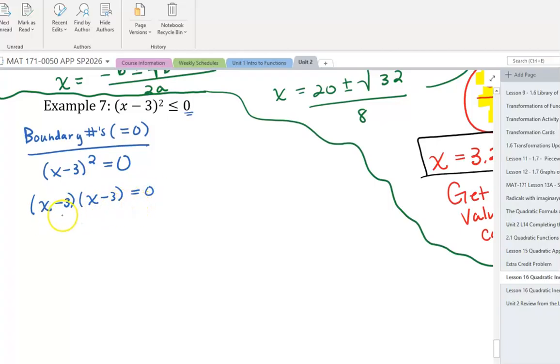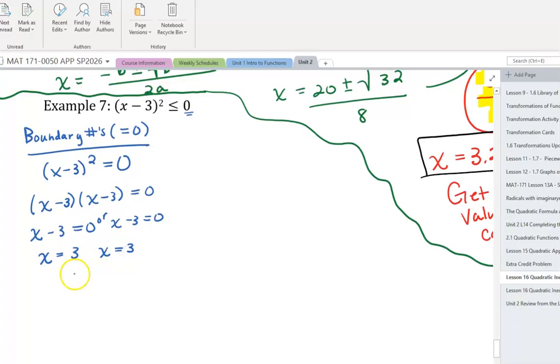And remember that zero product property. If you have two things that are multiplied together and get you 0, at least one of them has to be 0. So we can take each one of those factors, set it equal to 0, and we get the same answer for each one.